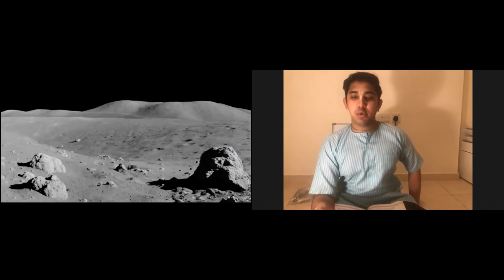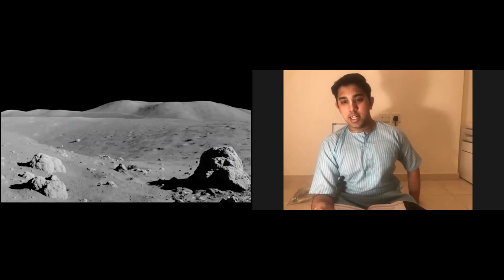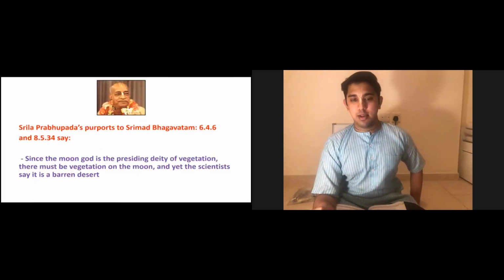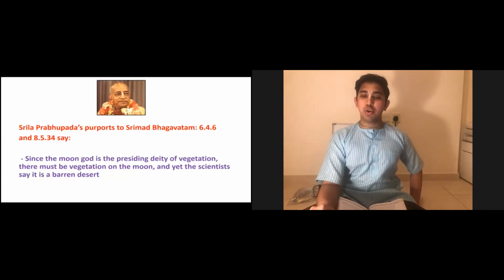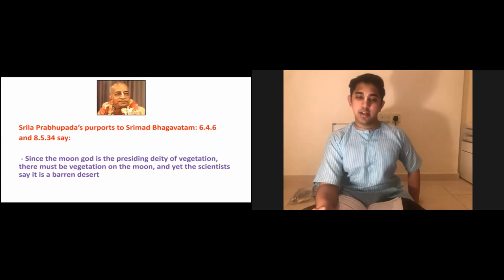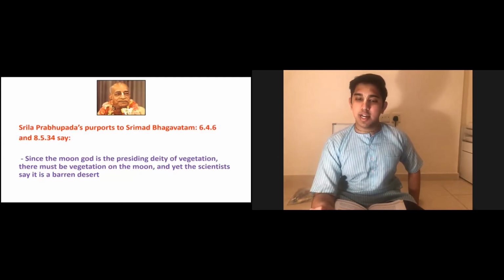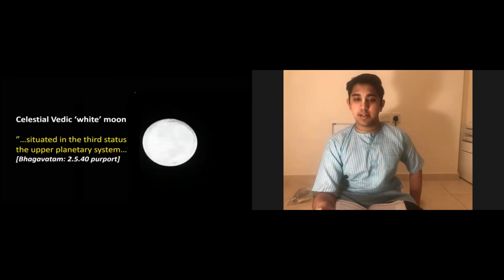As the moon landings were being telecast, Srila Prabhupada happened to see them. And all these pictures were published of the moon being a grey desert with craters. So Srila Prabhupada mentions in one of the purports that since the moon god is a presiding deity of vegetation, there must be vegetation on the moon. And yet the scientists say it's a barren desert.